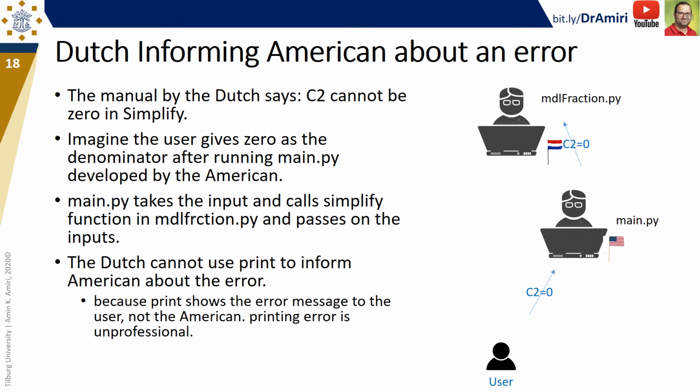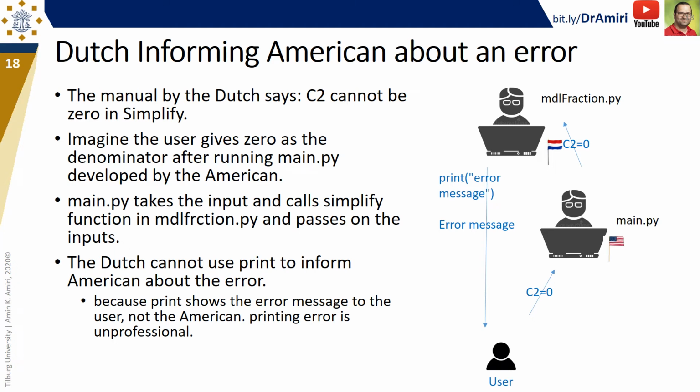So the thing is here, the Dutch programmer, the one who is creating the module part, cannot use print to inform the American programmer about the error because print shows the error message to the user, it doesn't show the error message to the American programmer. So printing an error is unprofessional.